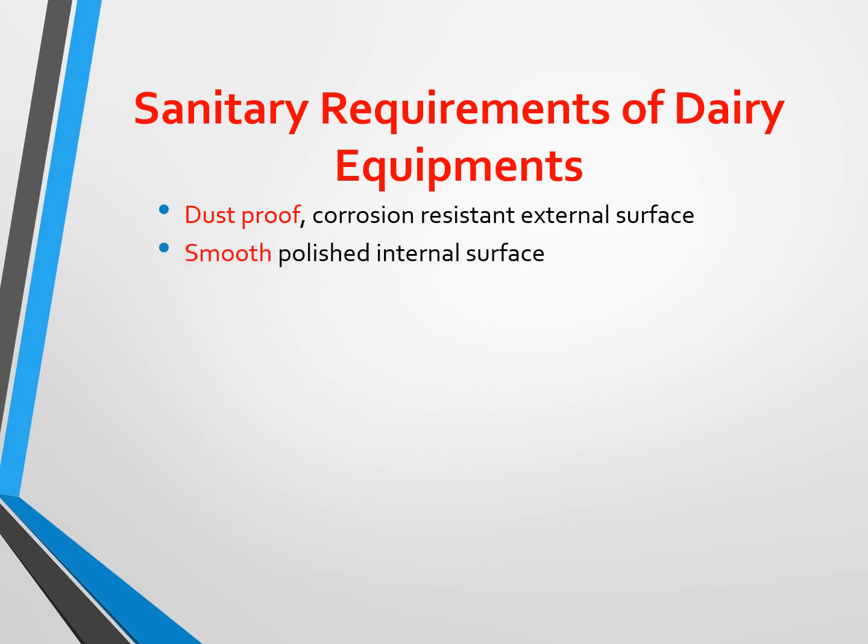And it should have a smooth polished internal surface. The internal surface generally comes in contact with the product. The outer surface does not come in contact with the product, but the internal surface will. So it should be smooth. If the surface is smooth, cleaning will be easy, and product will not be deposited there.